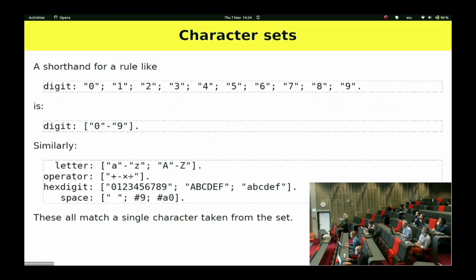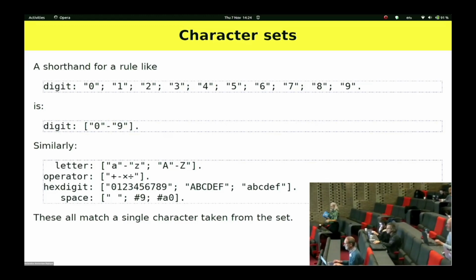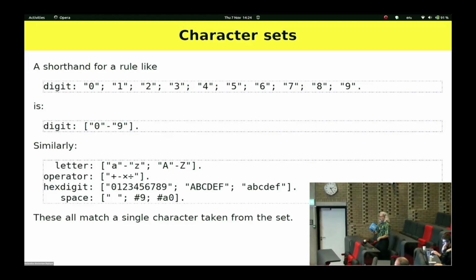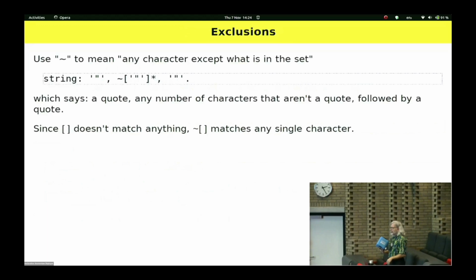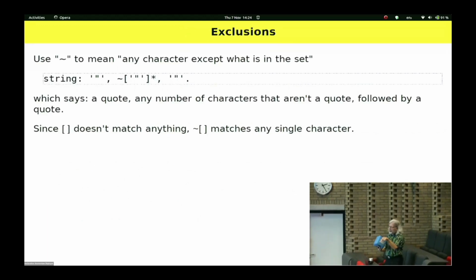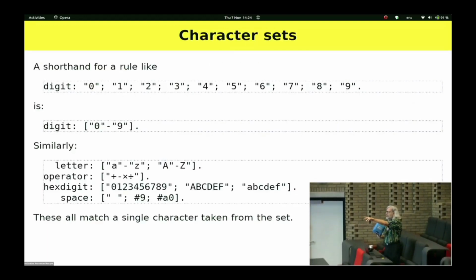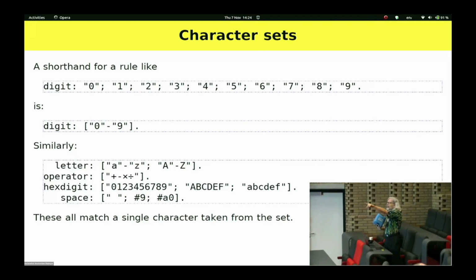Inside the square brackets, is there availability of tilde? The square brackets create a set. My question was, if I had A dash Z, could I have a semicolon tilde G? No, not within the set. No.